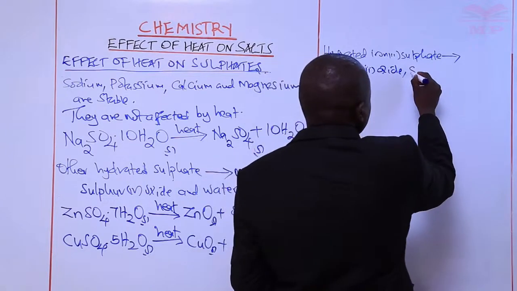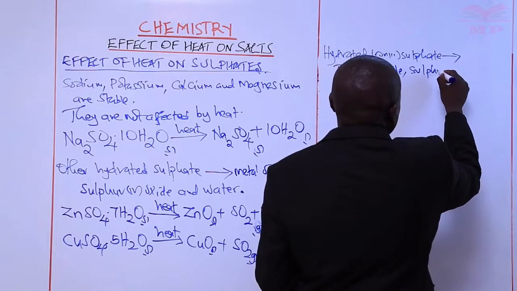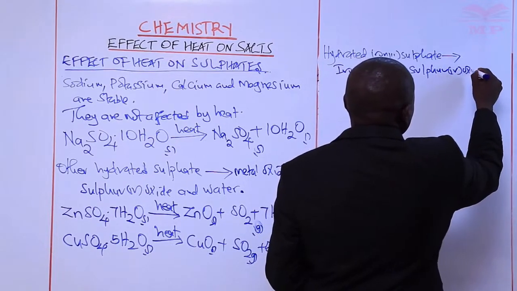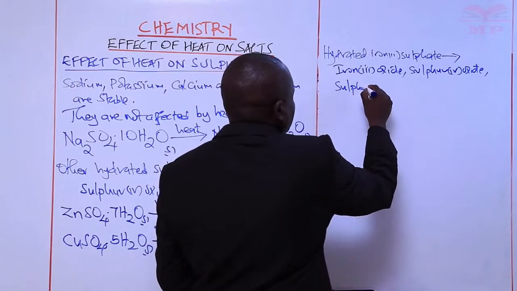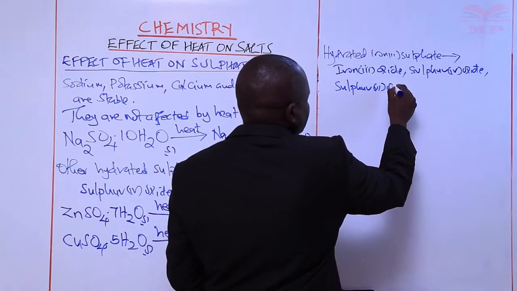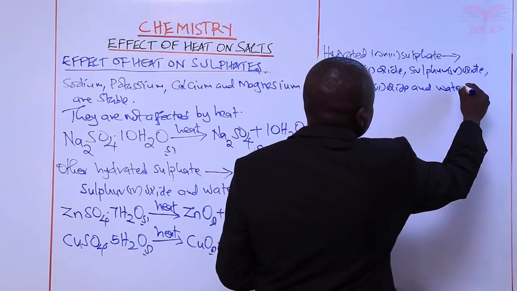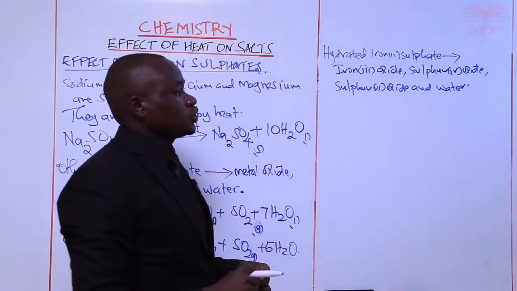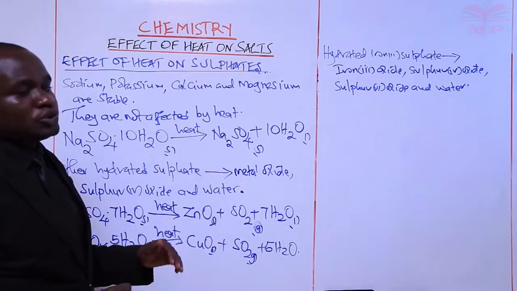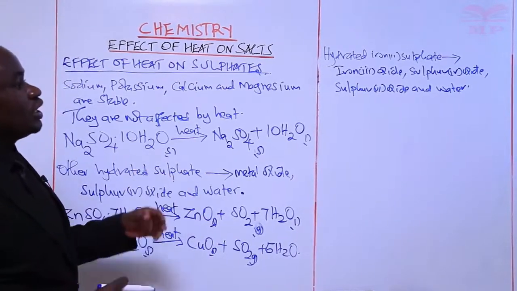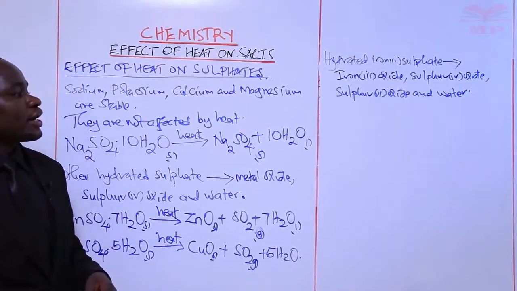The other product, we have a mixture of 2 gases, sulfur 4 oxide gas. We also have sulfur 6 oxide, and lastly we shall get water. So those are the products of the effect of heat on sulfates. Generally we have said sulfates only decompose when they are hydrated.